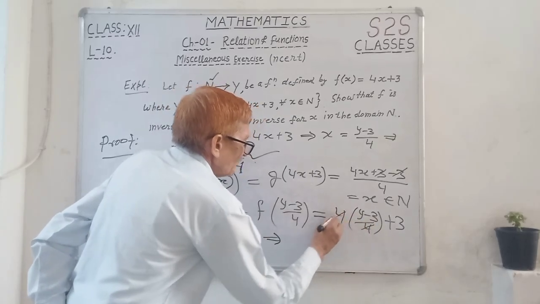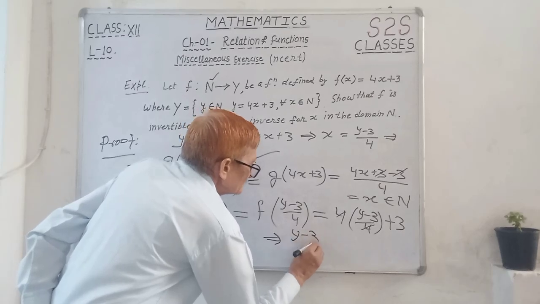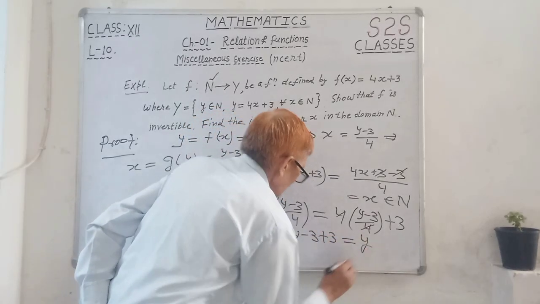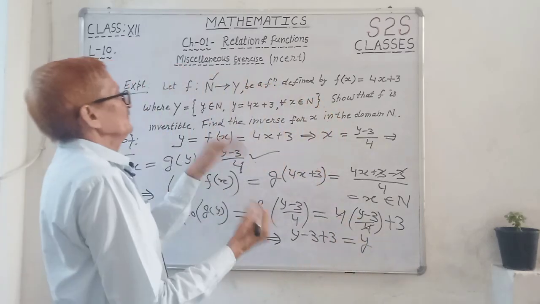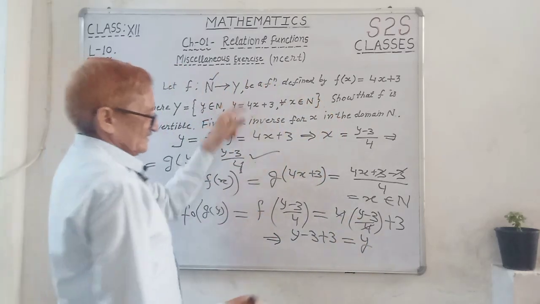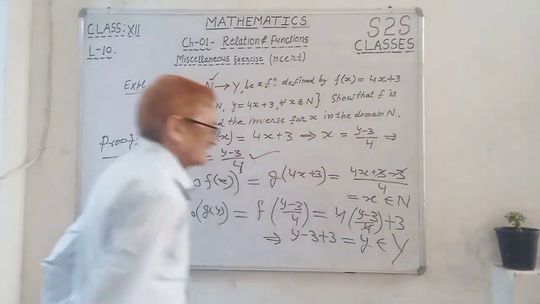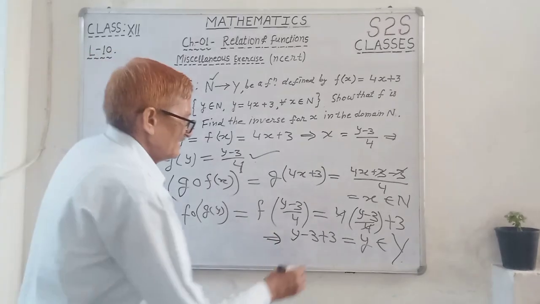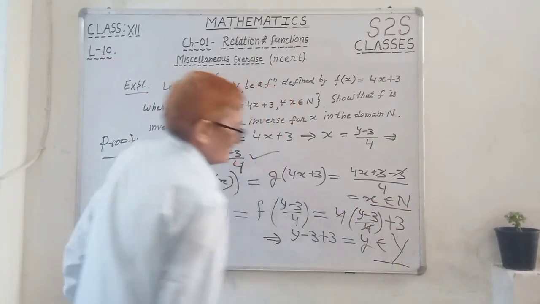The 4 cancels. Then y minus 3 plus 3, then it is y. So it means y belongs to the capital Y set. So hence this position is identical. Here x is in N and y is in this.